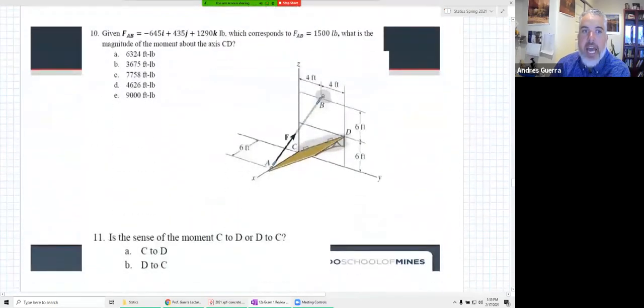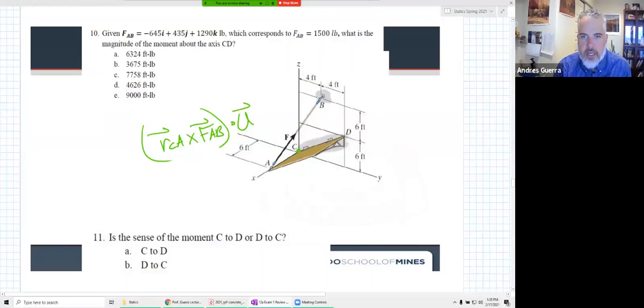Okay, now we're actually asked to solve that same problem. So now we're given F, all the components of the vector. What is the magnitude of the moment there? Let's say we picked point C, R from C to A, cross the force there, A to B, and then we dotted it with the unit vector from C to D. I'm not going to go through all the math.